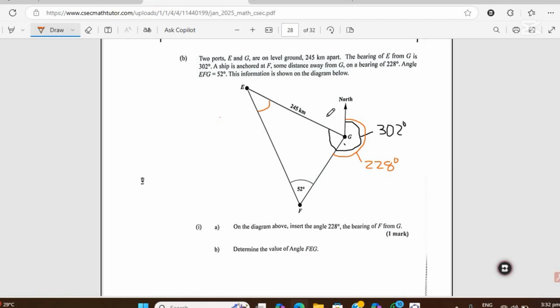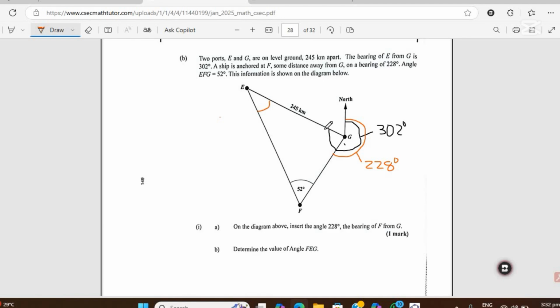So let's go. I know that the complete turn that took place around here, so this black line would have been 302 degrees. So if I went all the way around here, I would have completed 302. If I started the journey and stopped here, it would have completed 228.